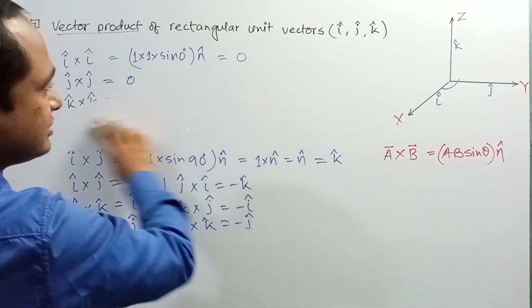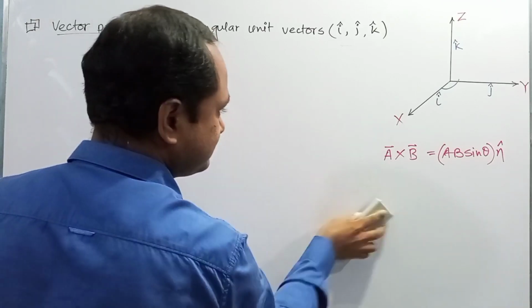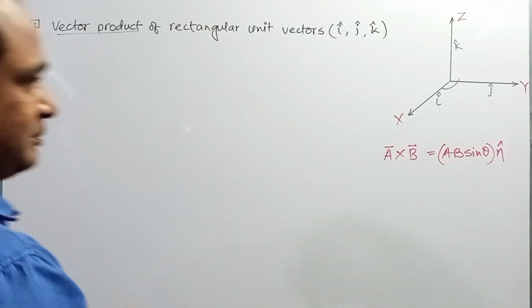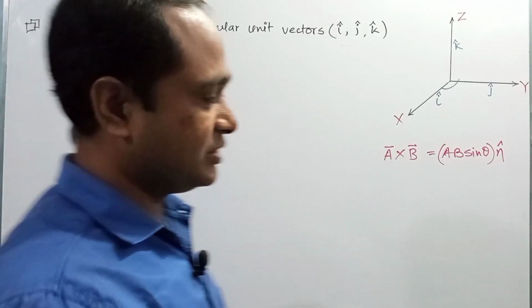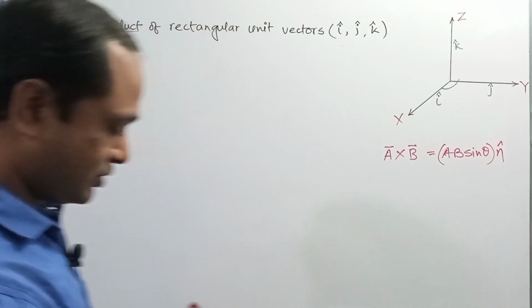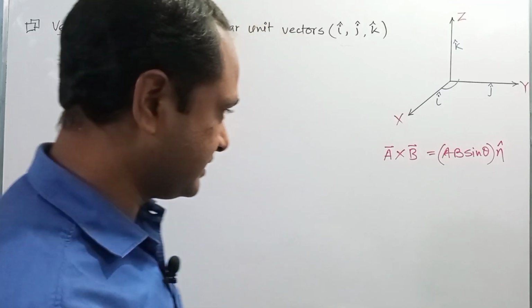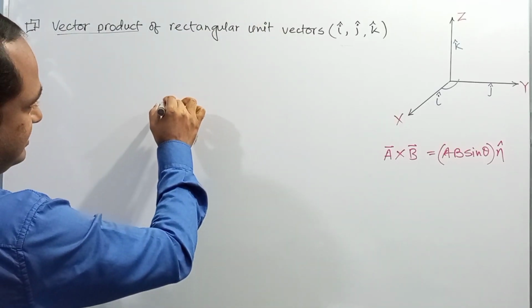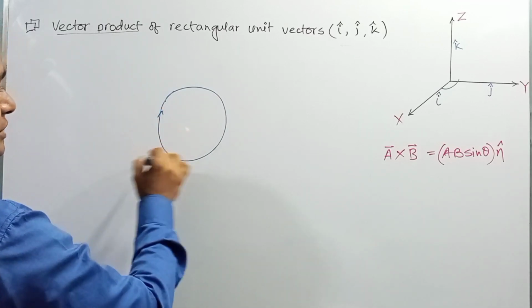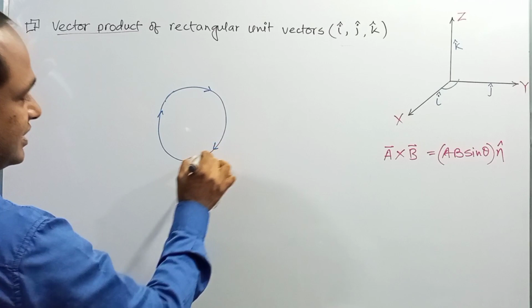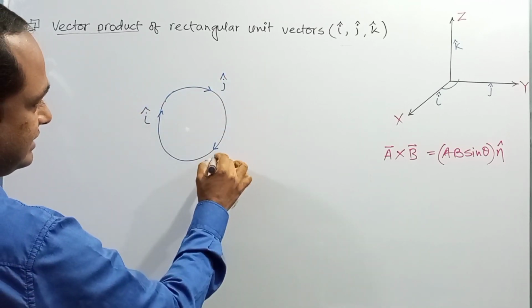Now we can see a technique to keep this in mind, how we can recall this expression. When i cross j is equal to k, or j cross k is equal to i, the technique is this: if we show the clockwise direction, suppose here are i, j and k.